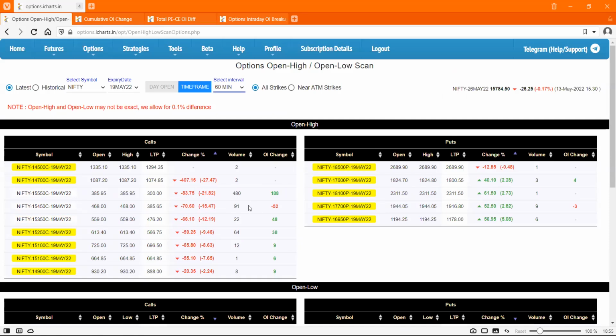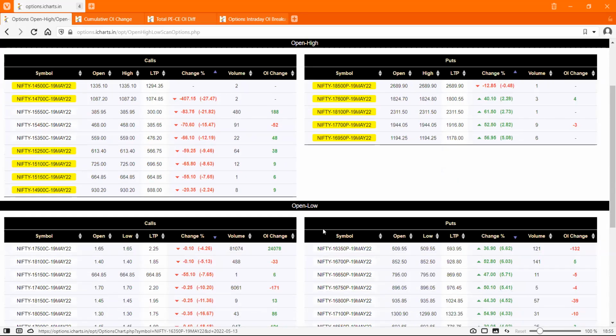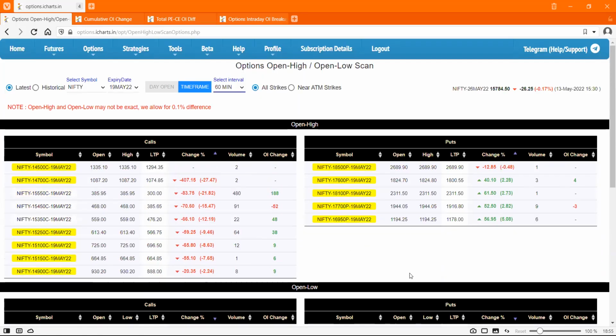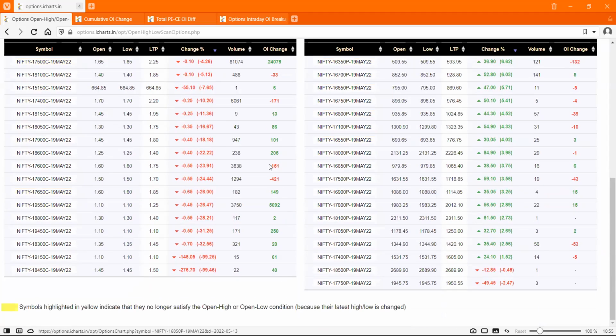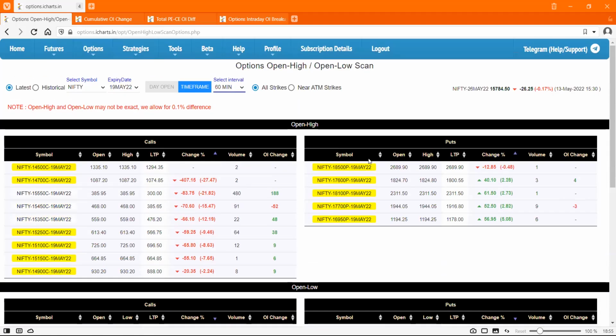If you look at 11 o'clock in the morning, after 11, this will tell you, since 11, which options are open high, that is, which are bearish overall and which are bullish overall. Obviously, puts open high, that is puts being bearish, is actually bullish.